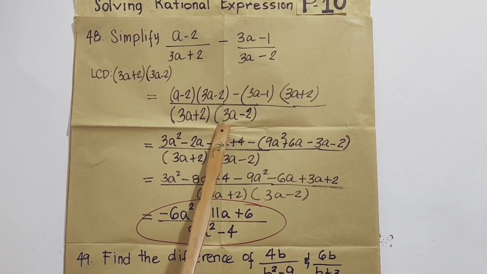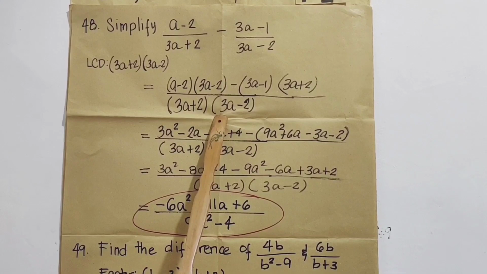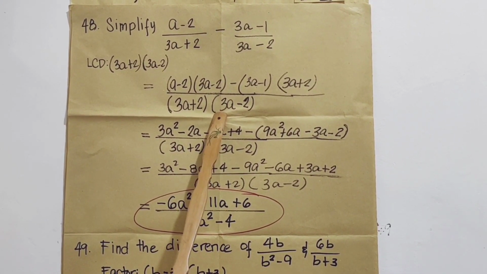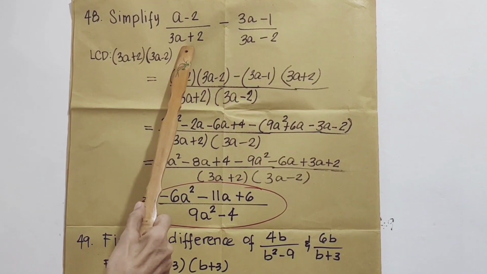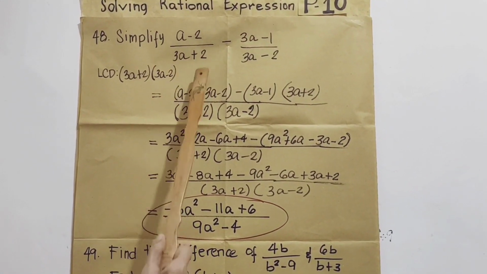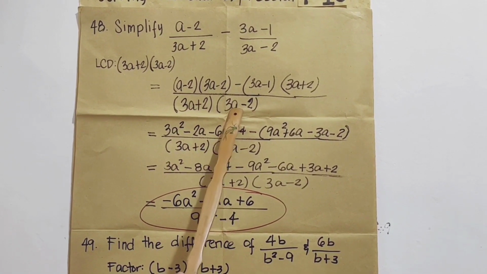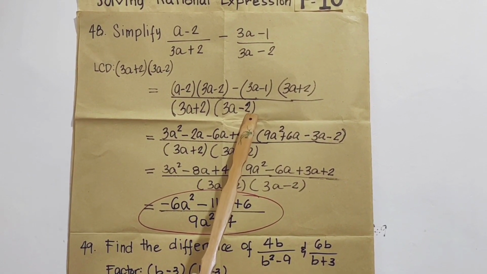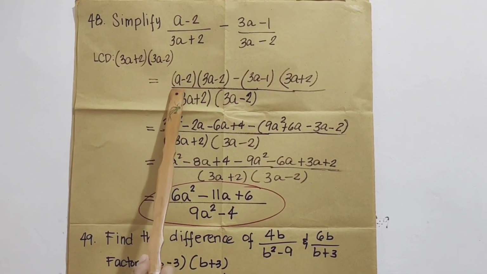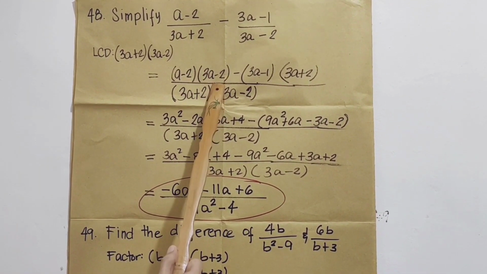Okay, then our next step is to divide the LCD by the denominator of the first rational expression. So we divide, cancel, so the remaining is 3a minus 2. And this 3a minus 2 multiplies to the numerator. That's why the result is a minus 2 times 3a minus 2.